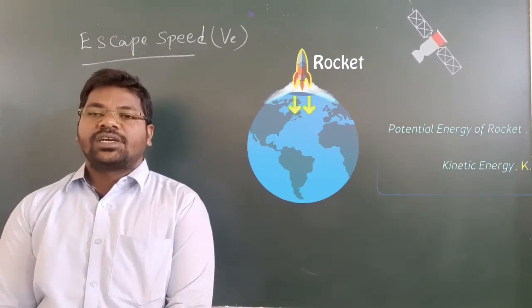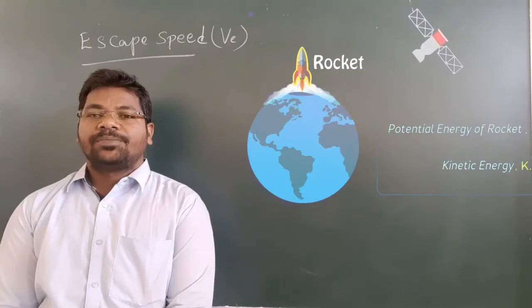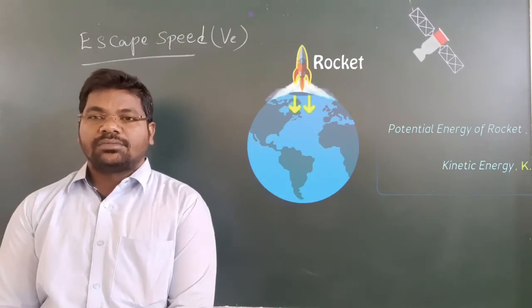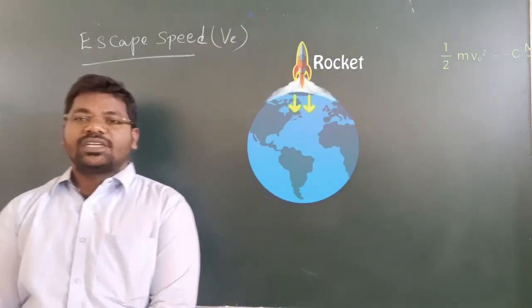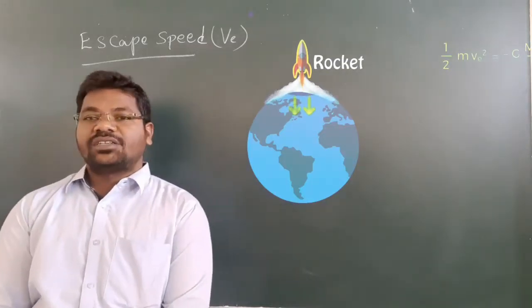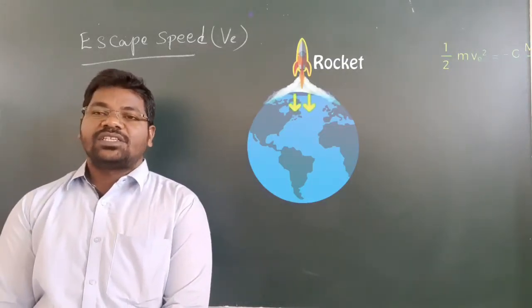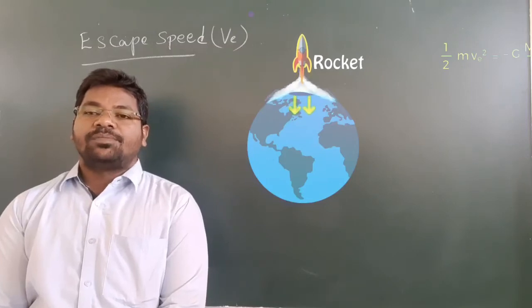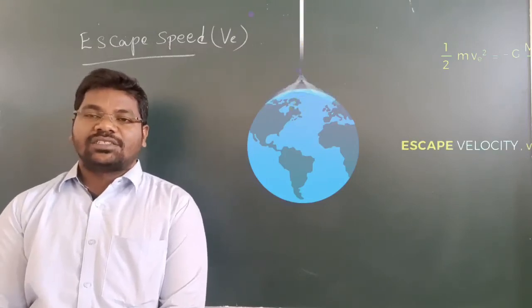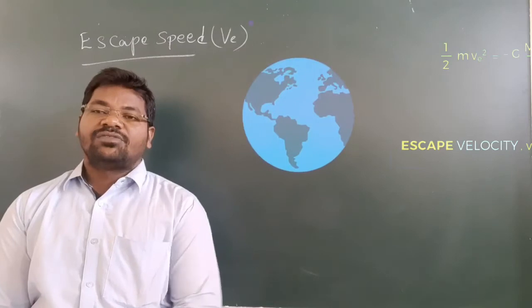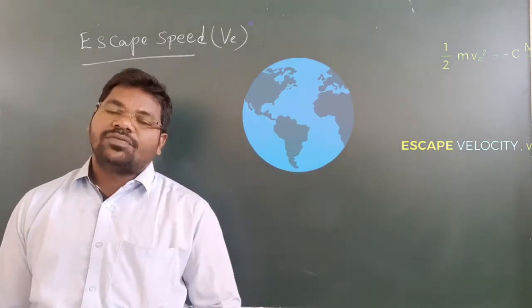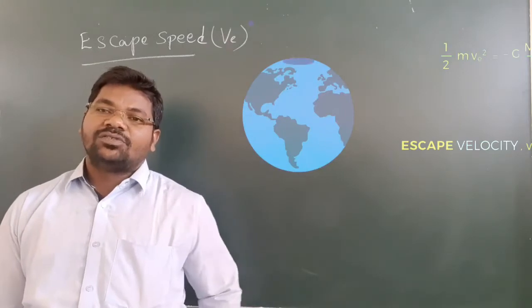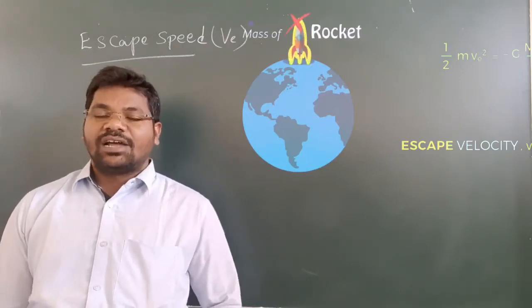But we can also send an object away from the earth surface so that it does not return. That amount of velocity is needed to escape from the earth's gravity.